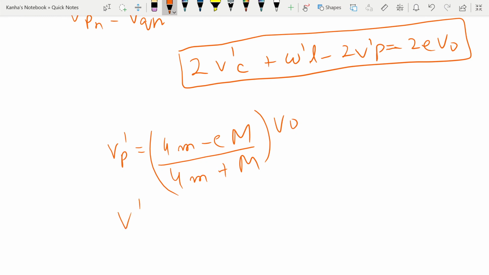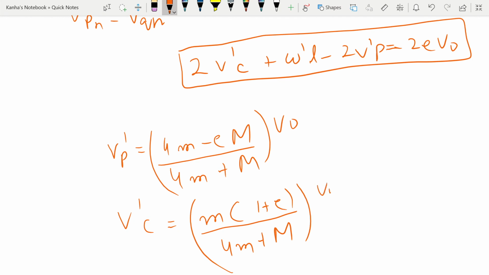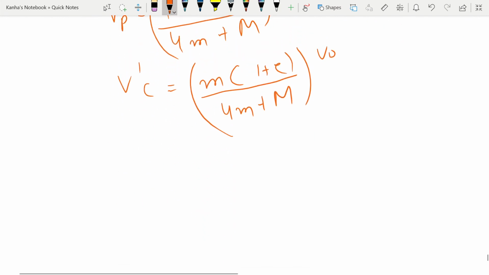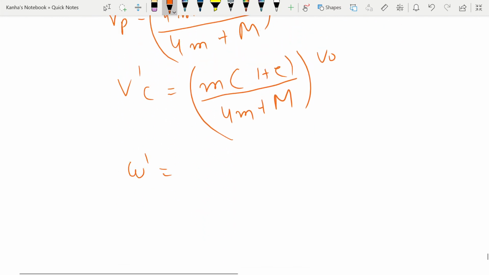Similarly, v prime c is equal to m into (1 plus e) divided by (4m plus M) into v naught, and you have omega prime is nothing but 6m (1 plus e) by (4m plus M) v naught by L.